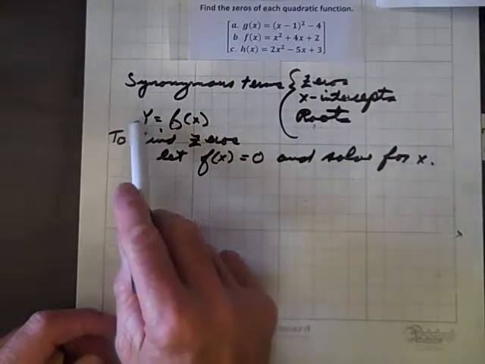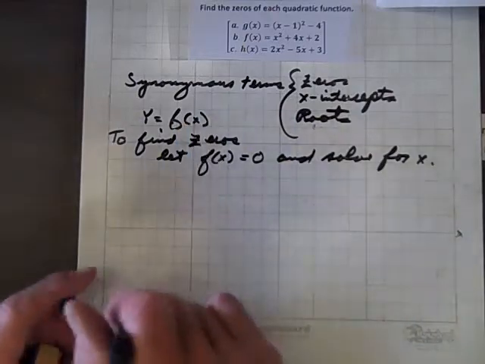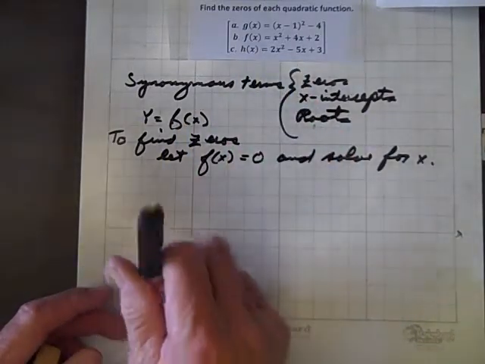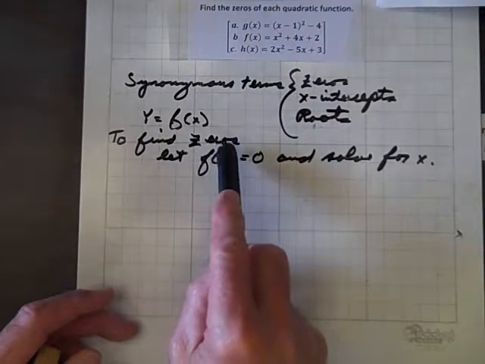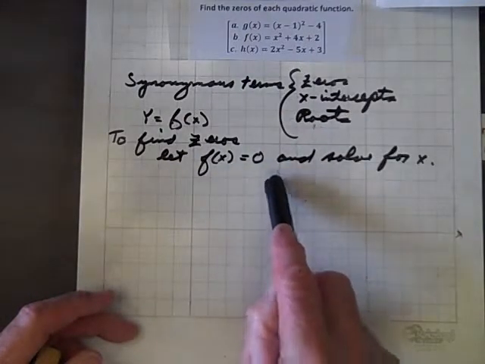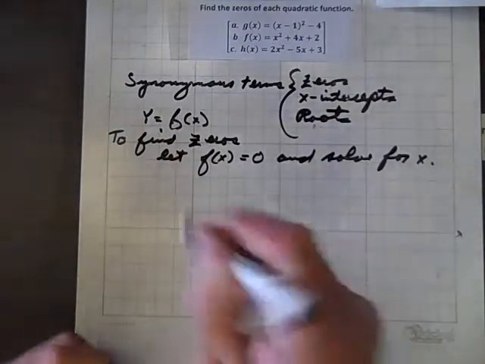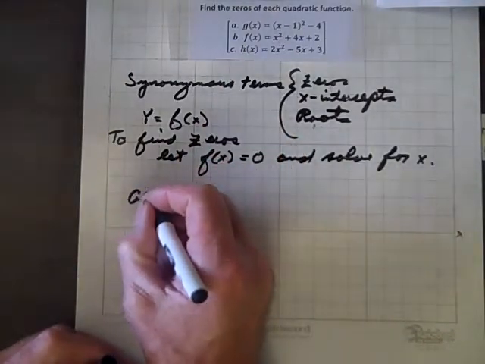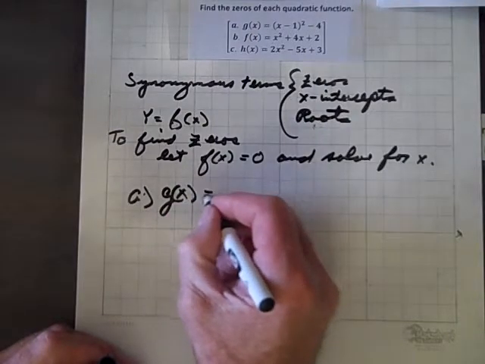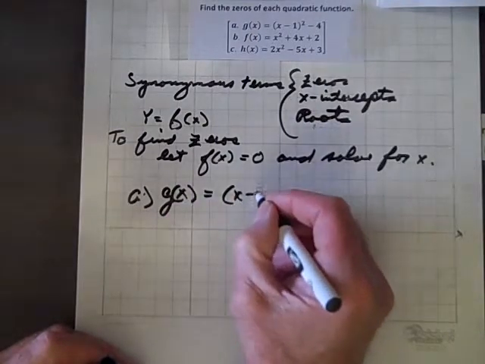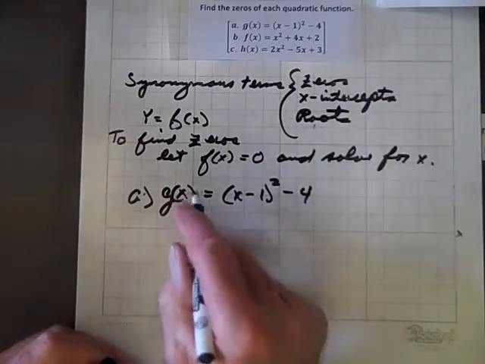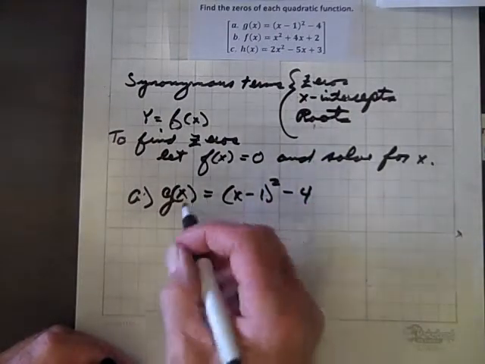So we know for a function y equals f of x, or g of x, or h of x, or whatever, to find the zeros, let f of x equal 0 and solve for x. So in the first case, A, we have g of x equals (x minus 1) squared minus 4, and we'll let g of x equal 0.